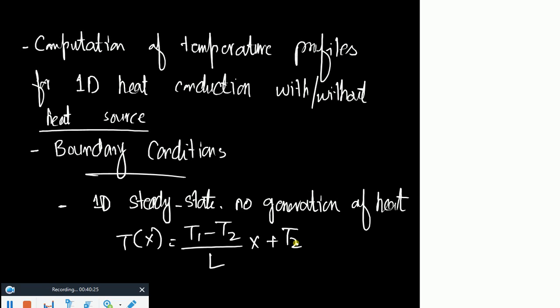Okay. Now, let me put it this way. For Fourier heat conduction law, I would write the heat transfer as minus kA delta T by delta L, isn't it?